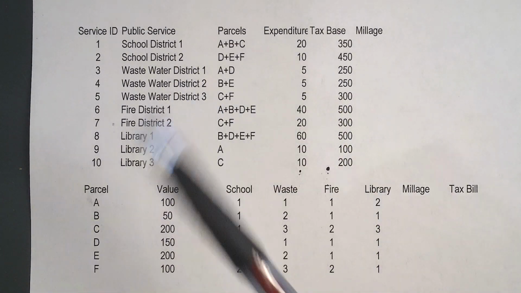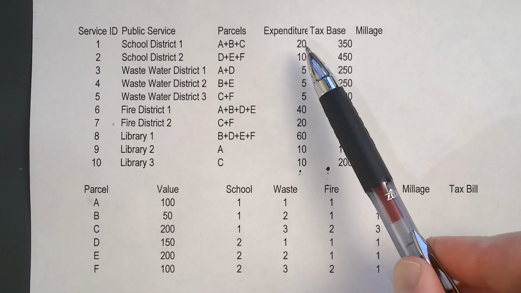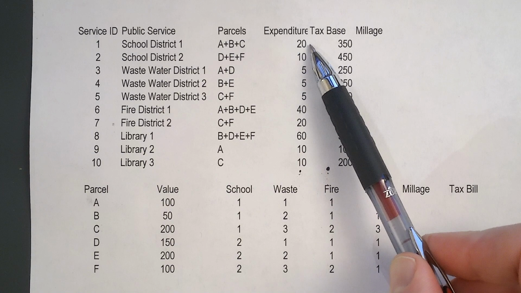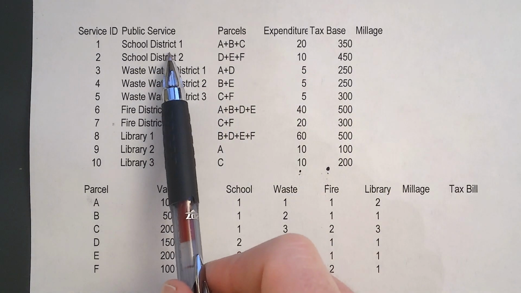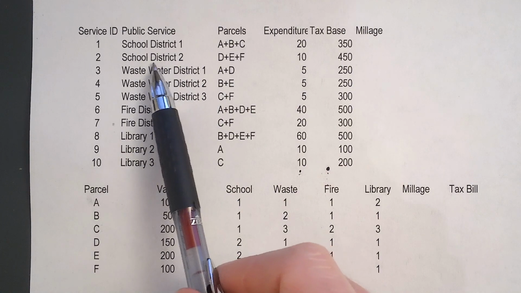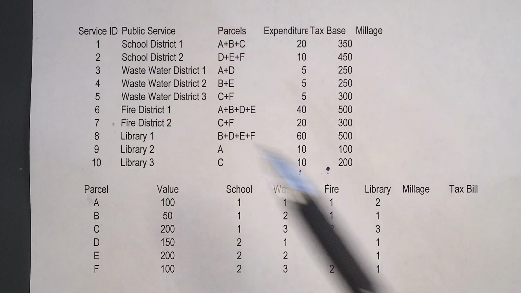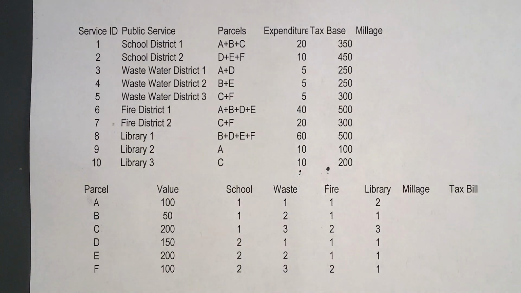We also know, and suppose that you know this from previous budgets, that you have an expenditure of 20 associated with school district 1 and an expenditure of 10 associated with school district 2. Based on those values, you can calculate the millage rate for the 2 school districts.